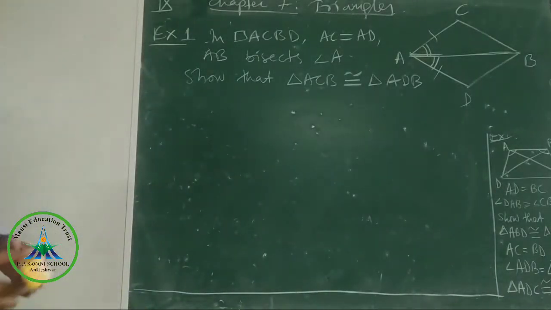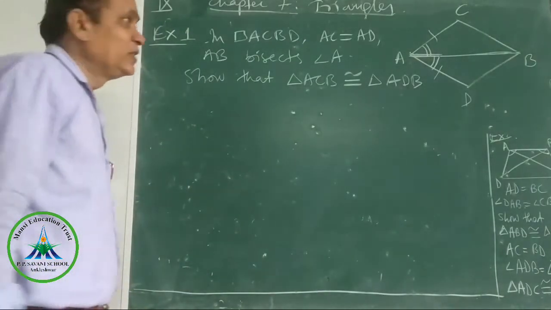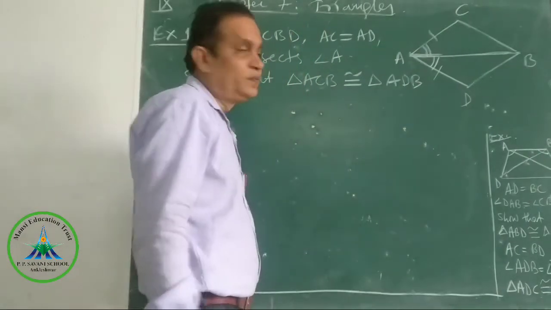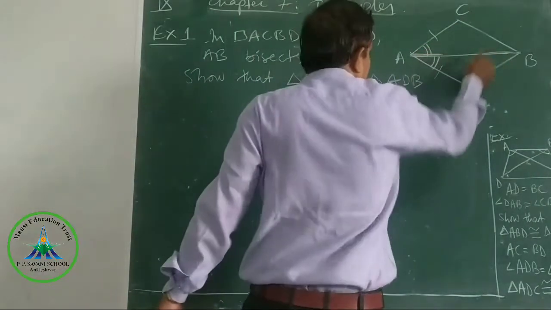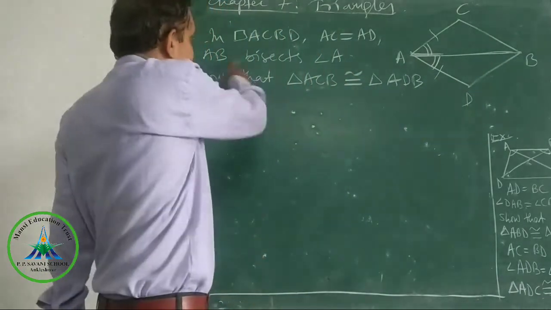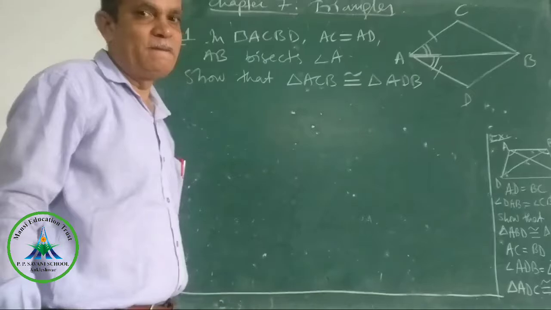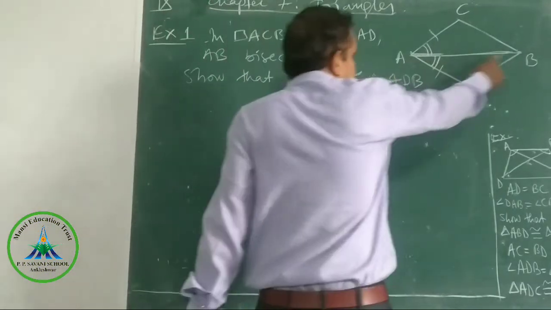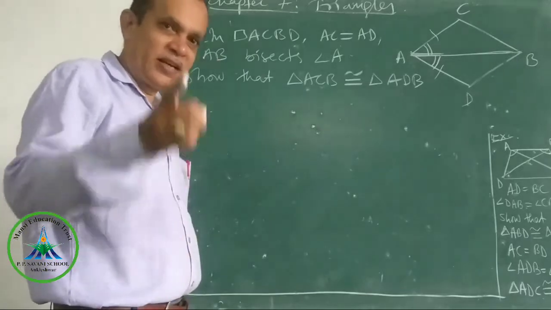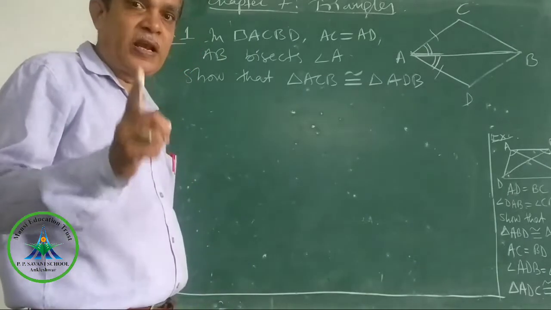Now look here, students. AC equal to AD given. CAB equal to DAB given, because AB bisects angle A, right? And AB equal to AB common. So in both triangles, again side angle side rule is clearly visible.